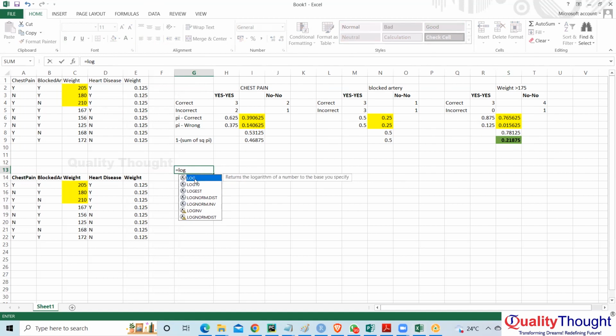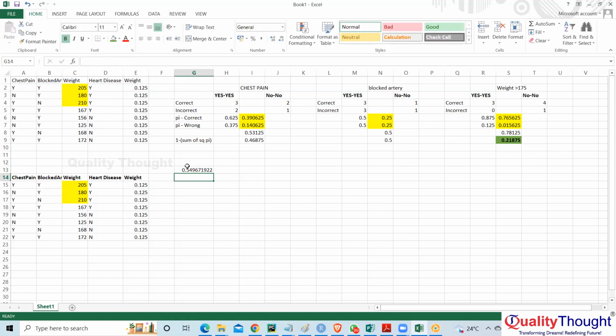We would do natural log. The natural log of 1 is 0. Now here it will be 1 minus 0.22, divided by 0.22.